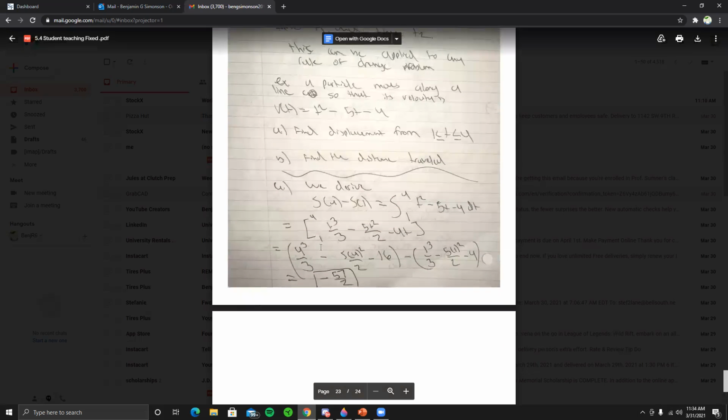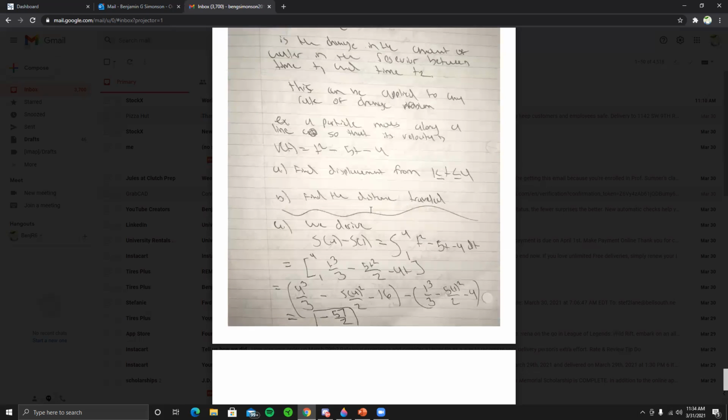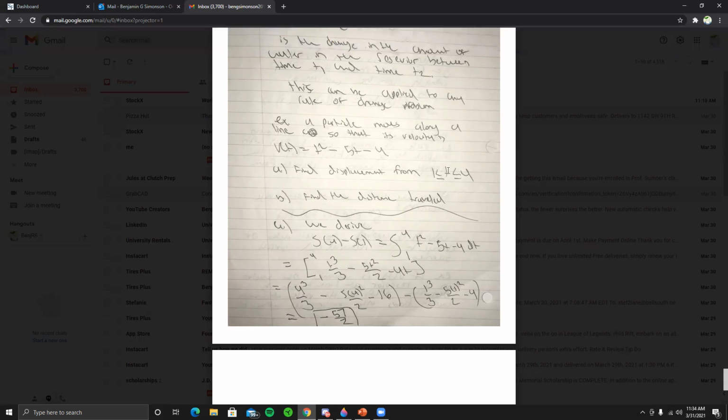So I also wanted to point out that you can find the distance traveled. I chose a really poor function for this. This can't be factored, and in order to find the distance, you need to factor the original function. So you'll get some really irrational roots from this. And what you would do is evaluate the individual roots on the number line from the range that's given. So 1 is less than or equal to t, which is less than or equal to 4.